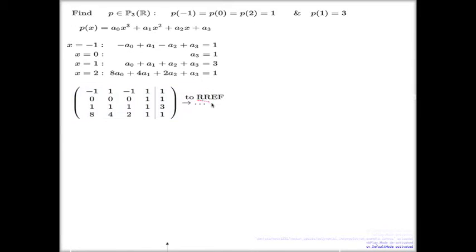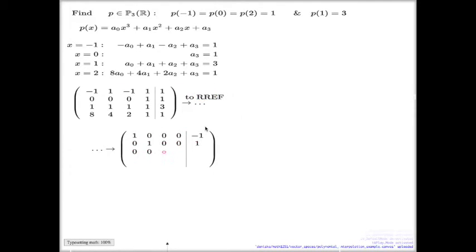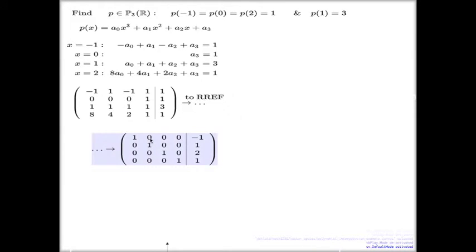That's why it's double R. Here it is. And because it's reduced, we basically have the solution straight away, right? Because it's a reduced one, it has zeros above the pivots. You see, everything here is filled with zeros. You basically just have a solution straight away from it.